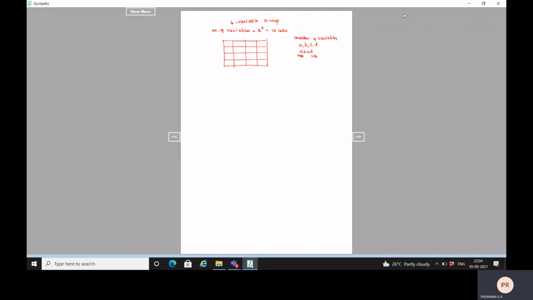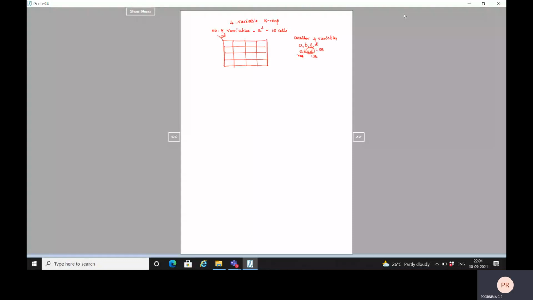Since there are 4 columns, the number of variables required to represent the 4 columns is 2 variables. So let me take C and D to represent the columns.